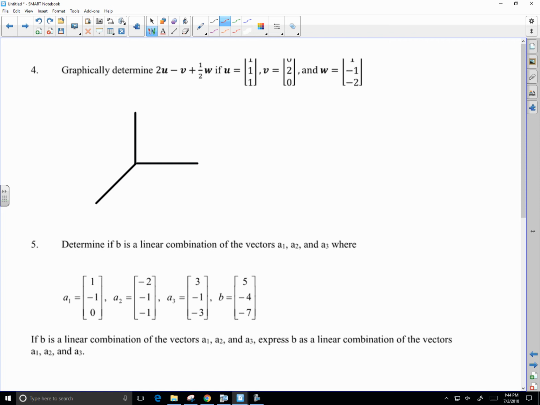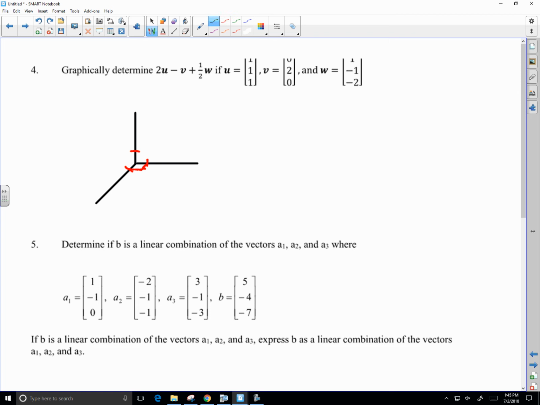All right, so 1, 1, 1. So we want to create a parallelogram for x and y. 1 in the x direction, 1 in the y direction. Create a parallelogram to give you the base of your coordinate.